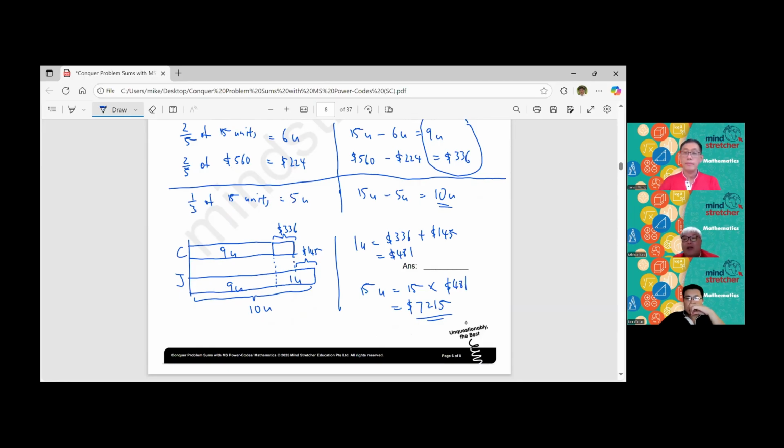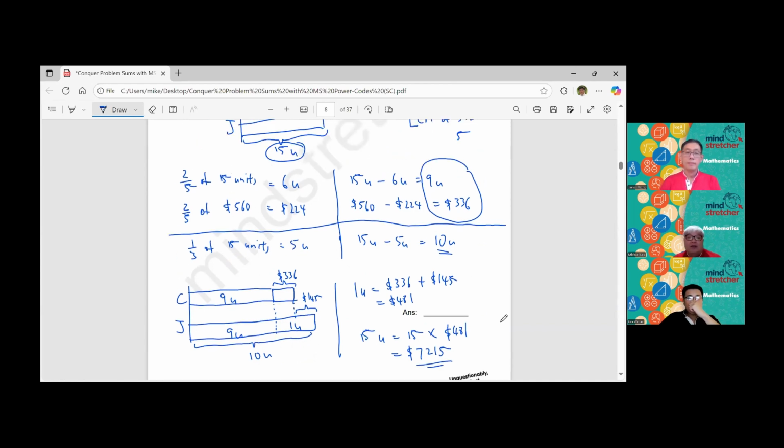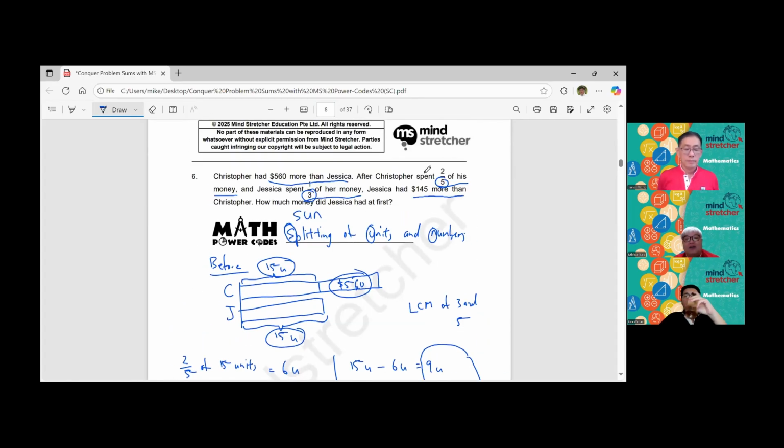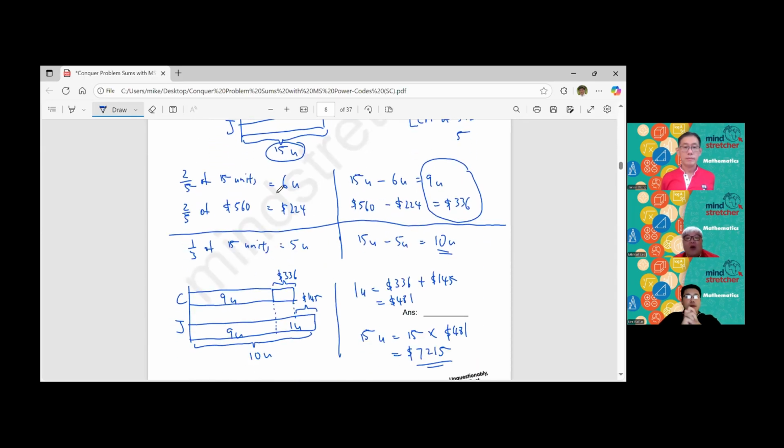Yishan, which part of the model do you not understand? Is it the before model or the after model? If it's the after model, at first, Christopher has 15 units. But Christopher spent 2/5 of his money, and 2/5 is actually 6 units.